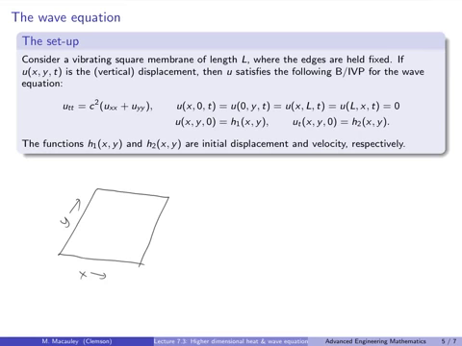So maybe the initial displacement is 0, and then the initial velocity at time 0, maybe a kid jumps on this, and so it goes down. Or maybe this is a membrane, a piece of rubber, you're pulling it down, and then you're letting go. So you have two time derivatives. You need two initial conditions. Unlike the heat equation, where you had one time derivative.